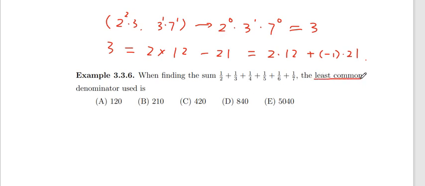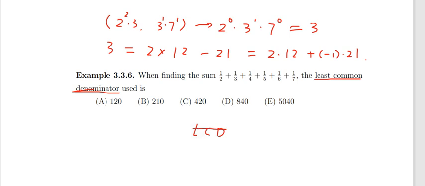The least common multiple. So we just say this equals the LCM for those numbers. Here the least common multiple, LCM.